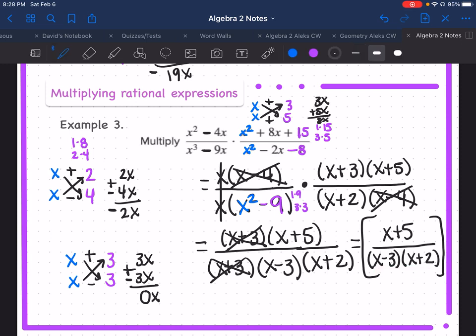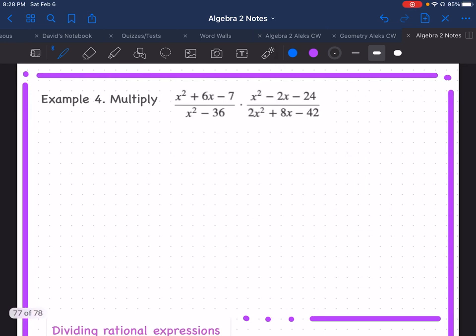Let's practice this one more time because multiplication can be pretty tricky. So here are my two rational expressions. We're going to go ahead and factor. Let's take our first polynomial and factor. Now 7 can only be 1 times 7, so I lucked out there. 1x, 7x.